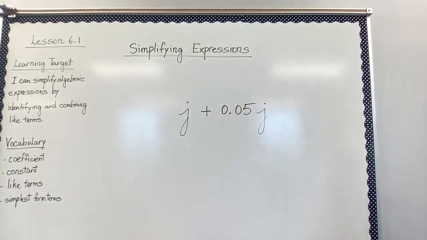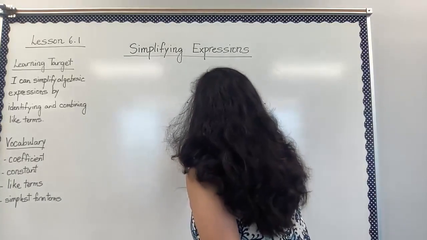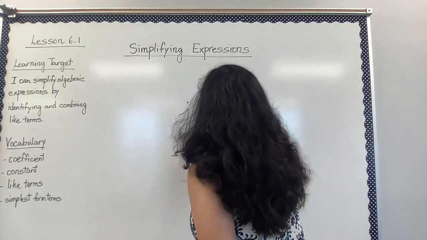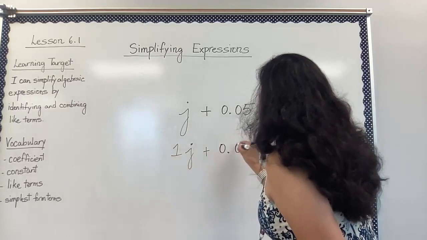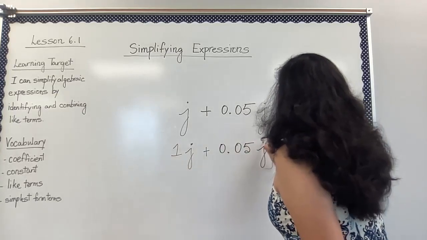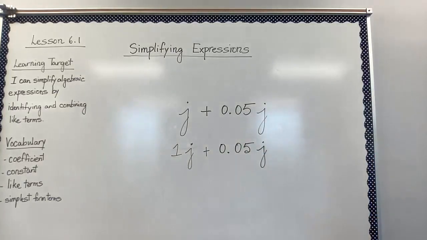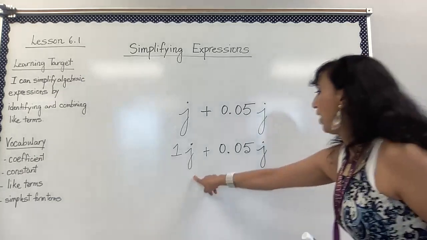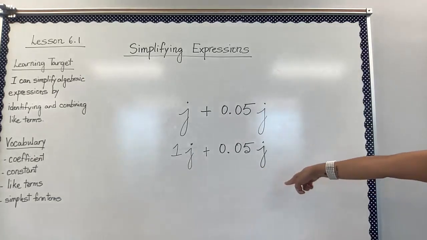Okay, so if I have to simplify this, basically what am I doing? I'm doing 1j plus 5/100 j. I combine the like terms. What are the like terms? I have the j and I have the j over here.